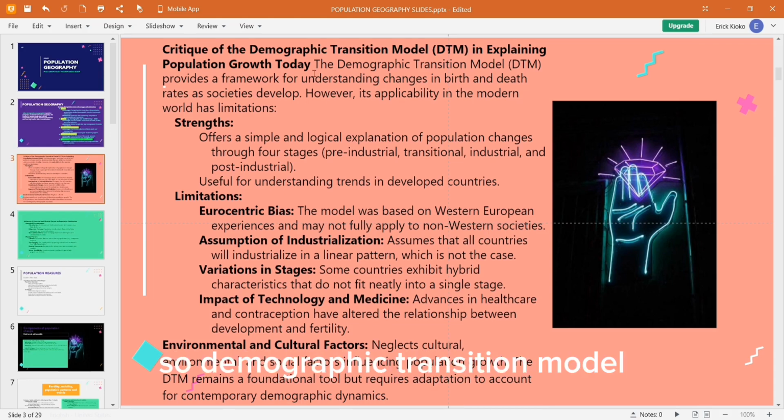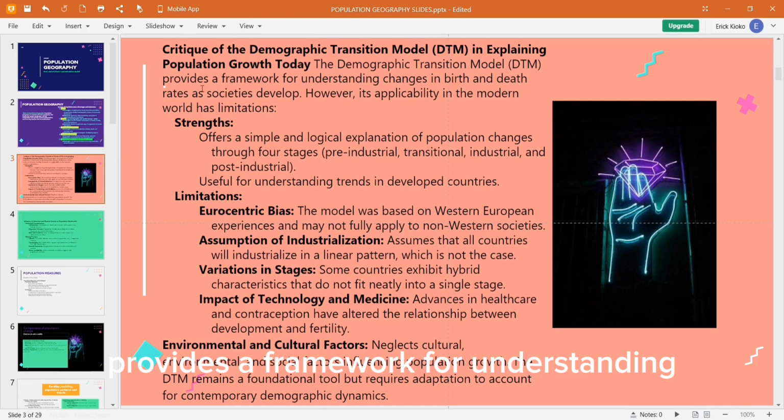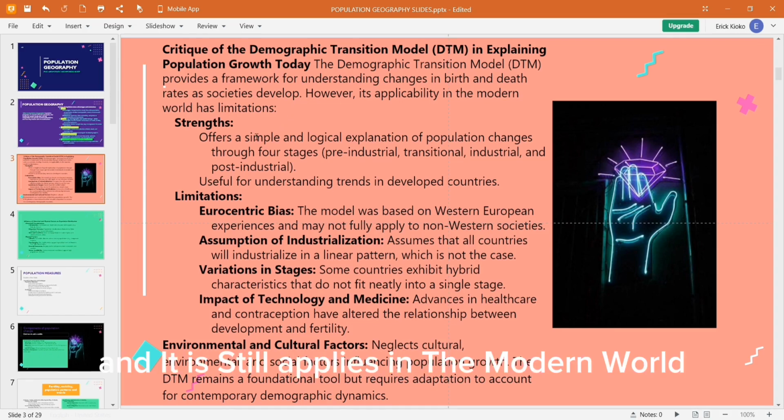The demographic transition model provides a framework for understanding changes in birth rate and death rate as societies develop, and it still applies in the modern world.